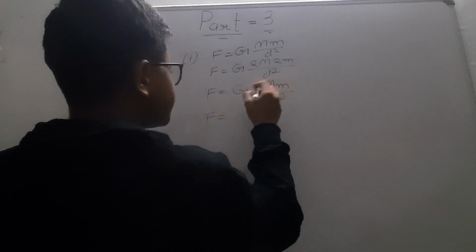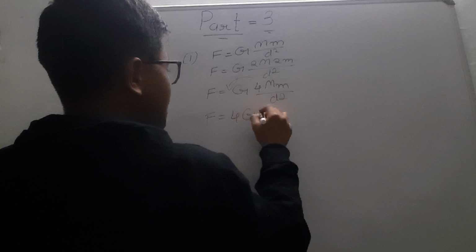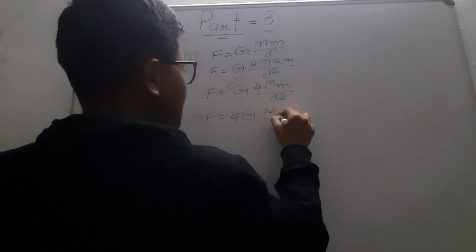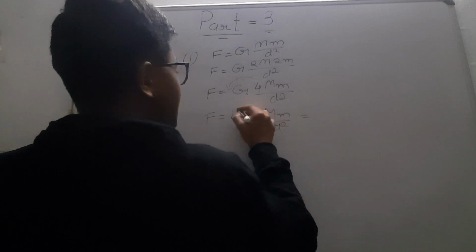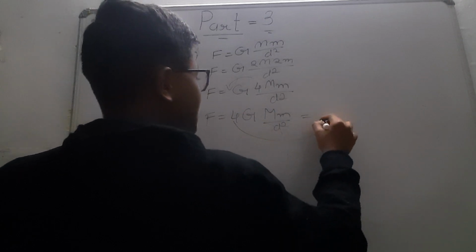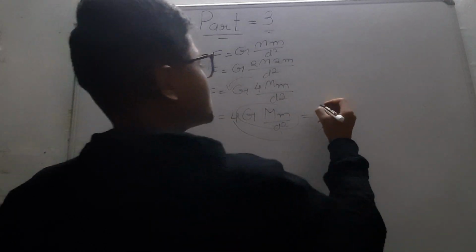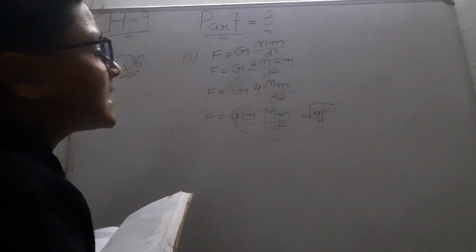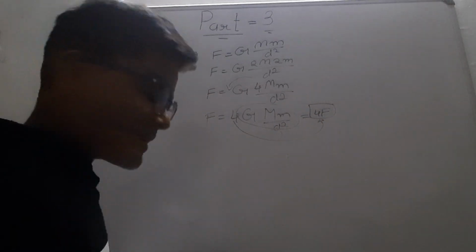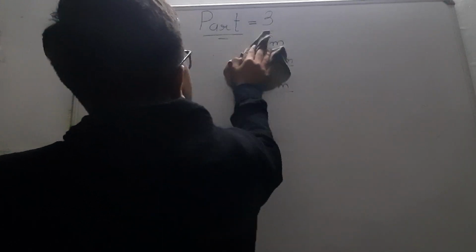Both masses have been doubled, so F is equal to G 2M 2m upon d square, which is 4 G M m upon d square. This 4 stays as it is and the rest converts to F. So 4F is our answer, the same as question number 1.